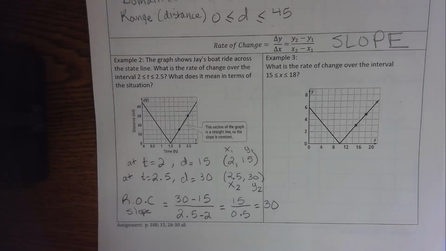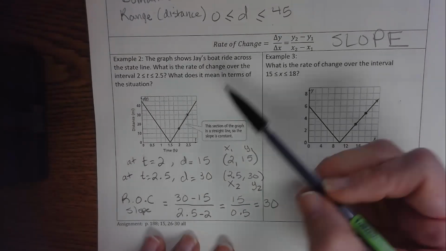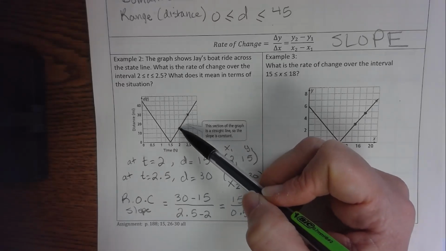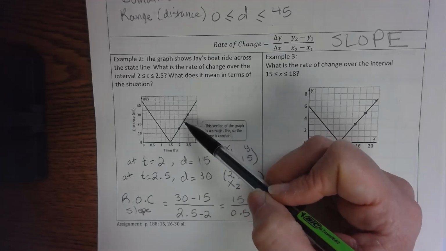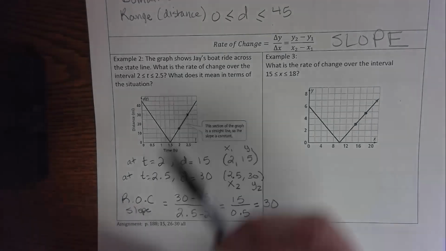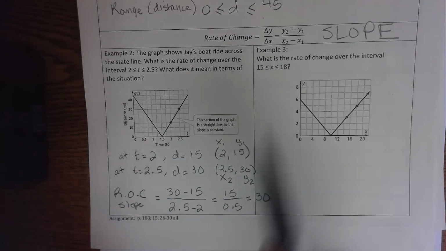What does it mean in context of the situation? It means he's going up. The slope is positive, so the distance is increasing as the time increases. It's going away from the border. The distance from the border is increasing as the time increases.